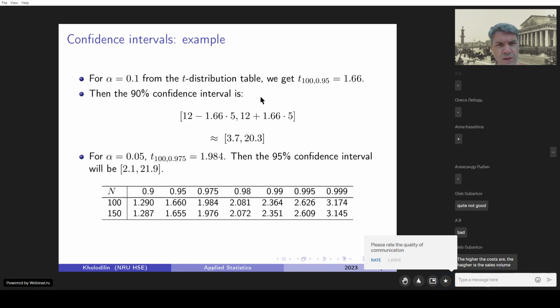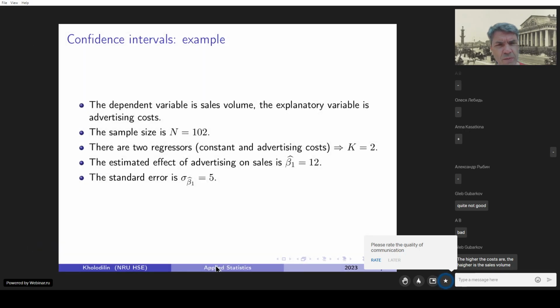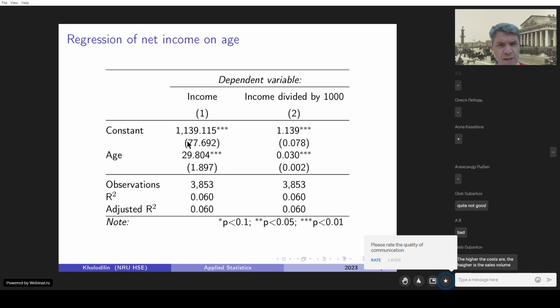So we put it here. And we multiply it by the standard deviation of beta. Typically, we get the standard error of beta in our regression output. So here, if you look at the numbers in parentheses, these are the standard errors of the corresponding coefficients.